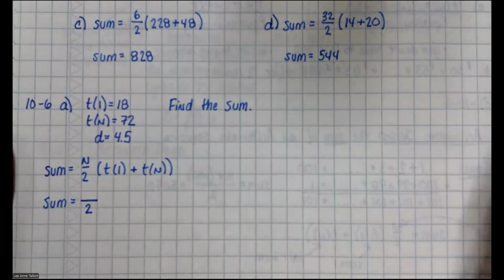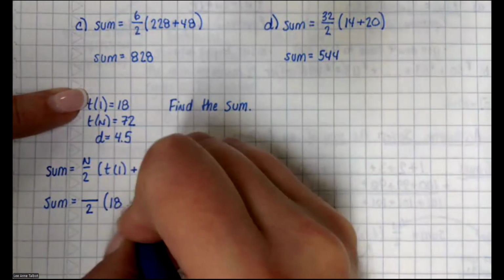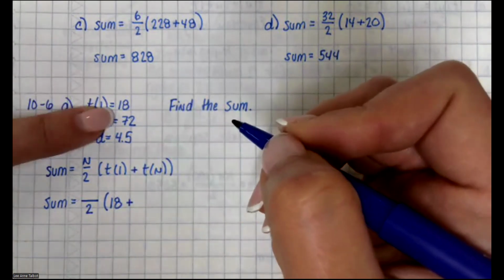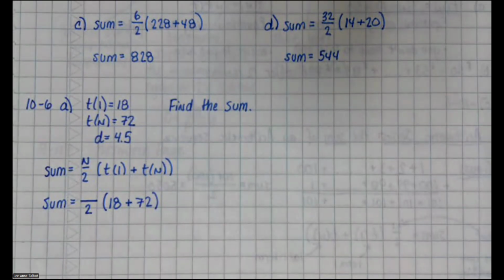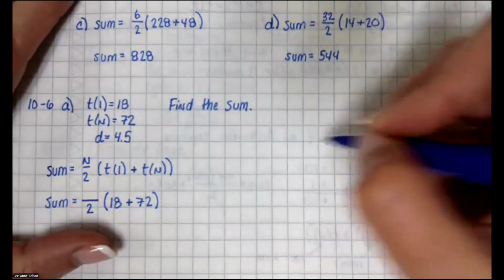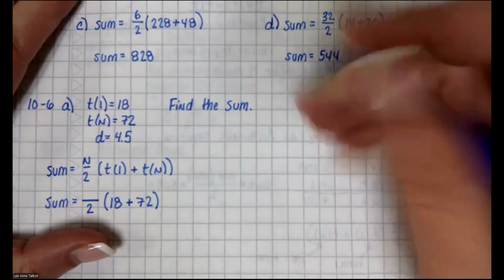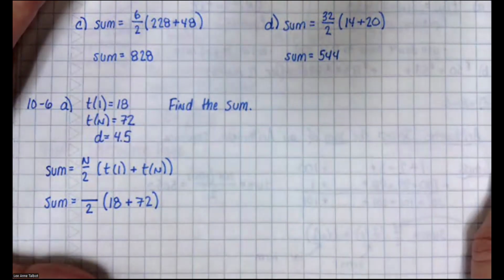Say something divided by 2. But I do know that the first term is 18. And I know the last term is 72. Okay, does that make sense so far? Okay, so what I do when I'm missing a piece is I will draw the sequence or the series out, and then I'm going to find the equation. The equation is basically a calculator.